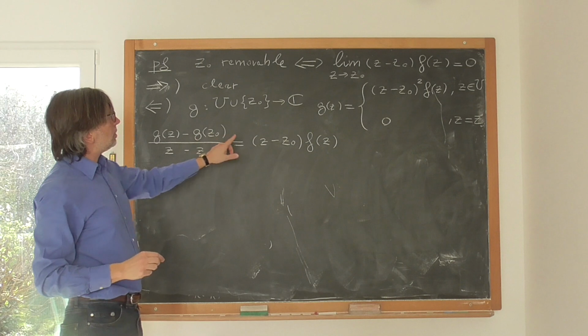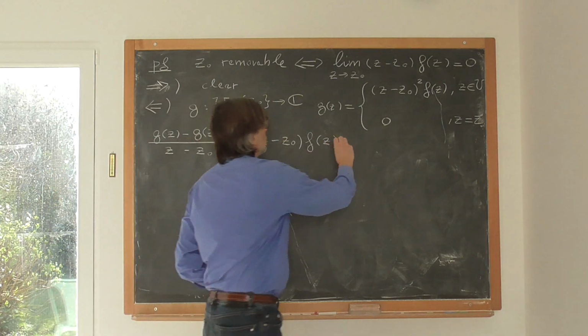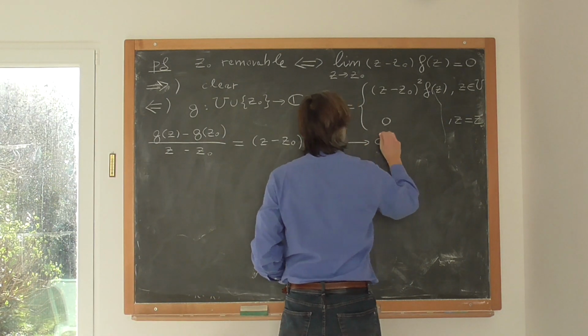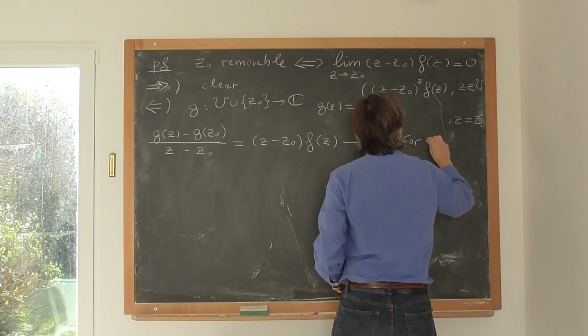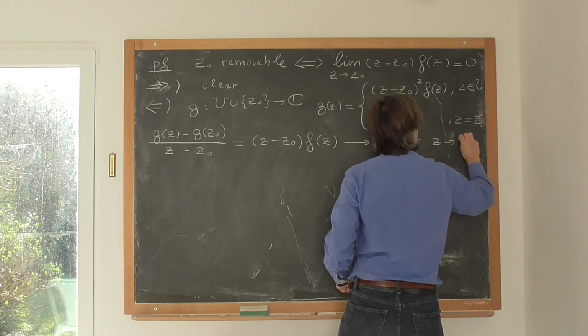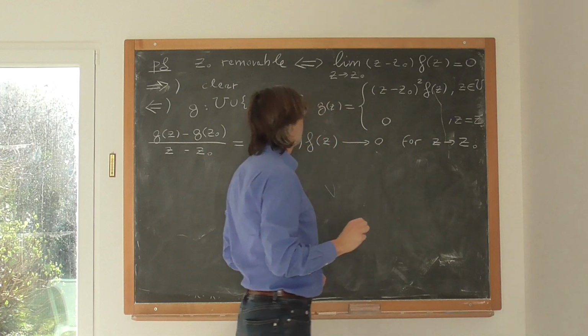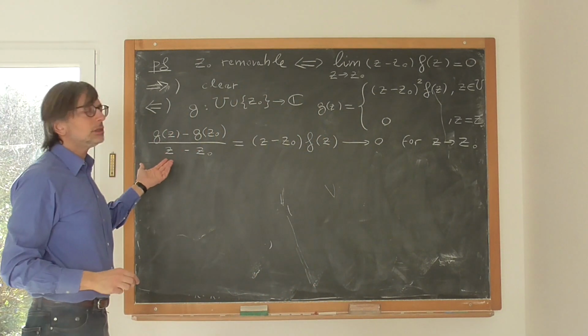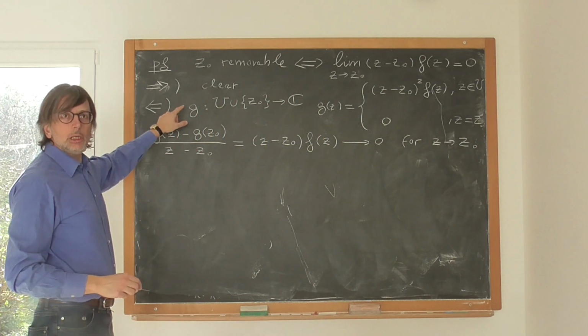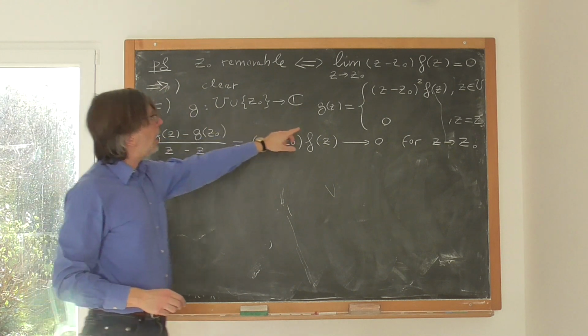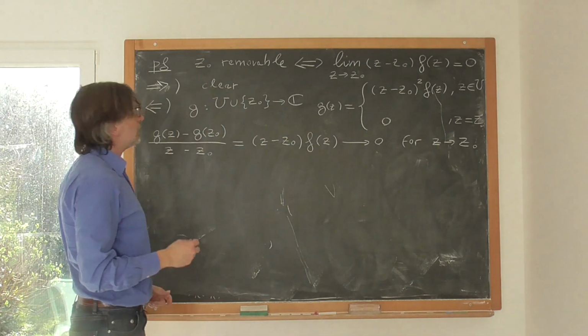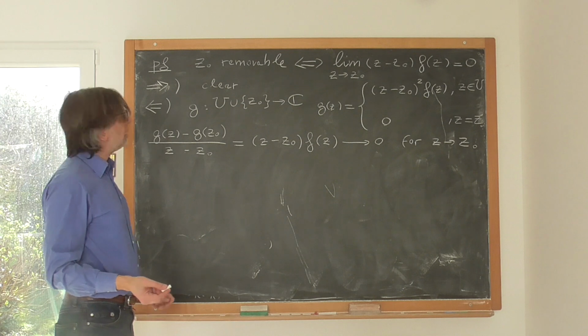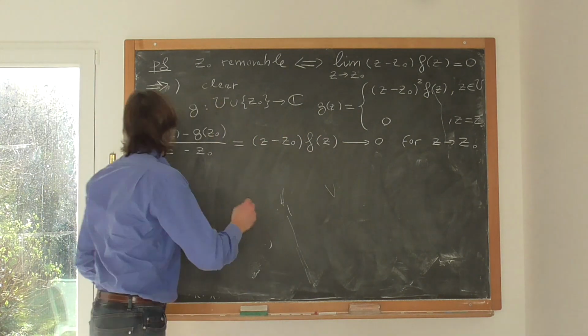And by assumption, this function is converging to 0 for z going to z naught. So this shows that the function g is differentiable at z naught and its derivative is 0.